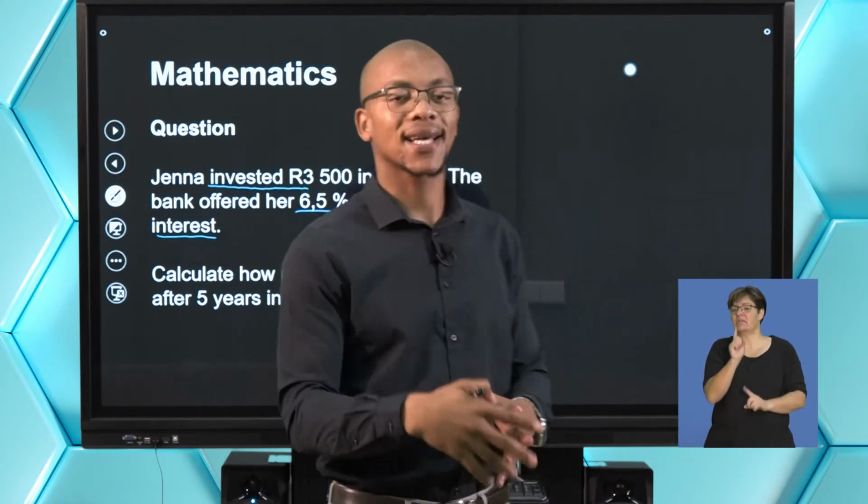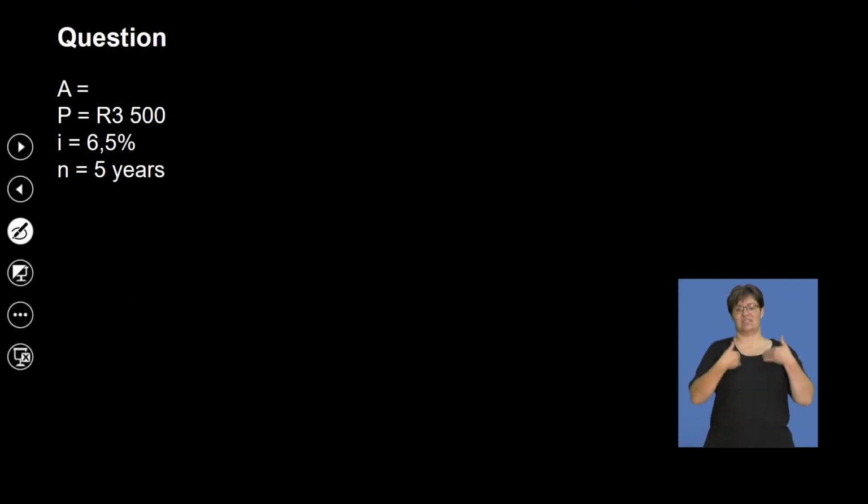But because maths has made things easier for us, we then use a formula to do this, which is a simple interest formula. So firstly, remember, you need to start with writing down your data so that you know what is it that you are given, what is it that you do not have, and what exactly is it that they want you to find. And then you can start calculating. So if we start with our data, remember, they want us to find the value of A, which is our accumulated amount. But now what we are given is the principal amount or the present value, which is 3,500.